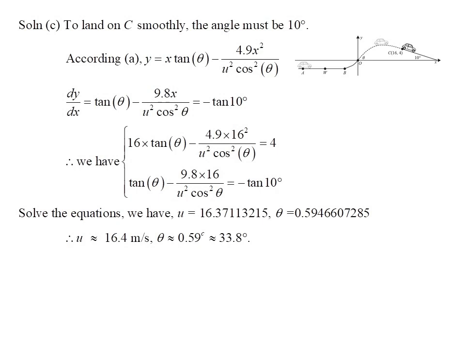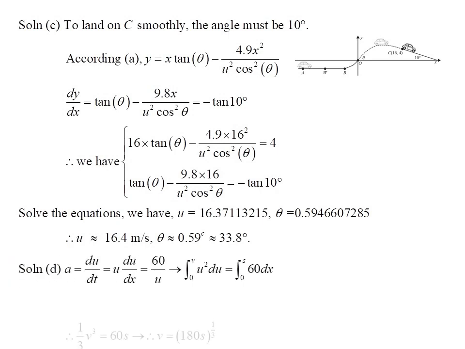Hence, we have the equation: the integral from 0 to v of u squared with respect to u equals the integral from 0 to s of 60 with respect to x. After integration, the equation becomes 1/3 times v cubed equals 60s, which gives v equals (180s) to the power of 1/3.